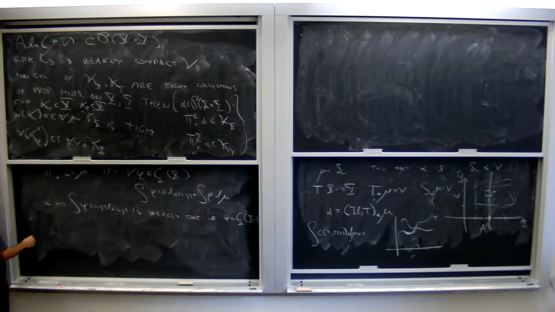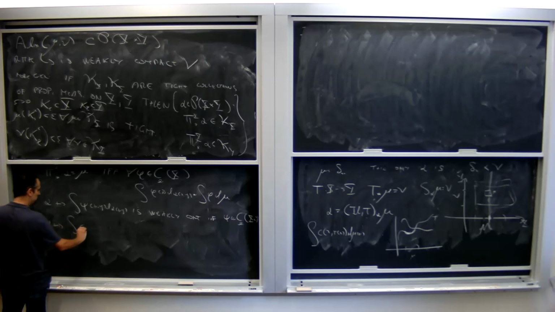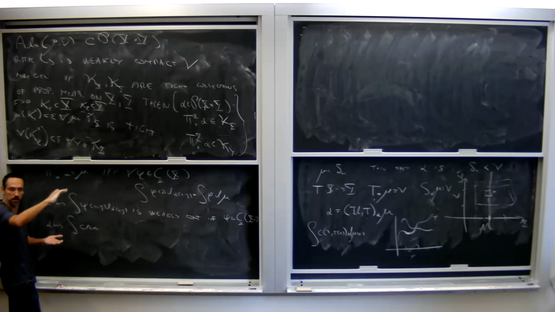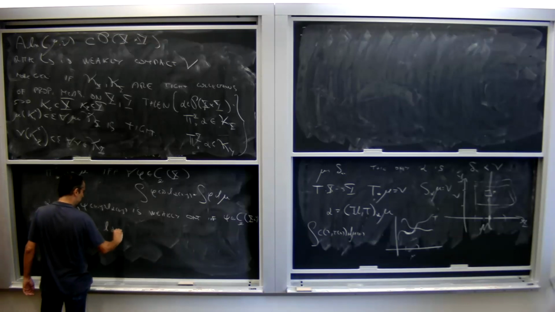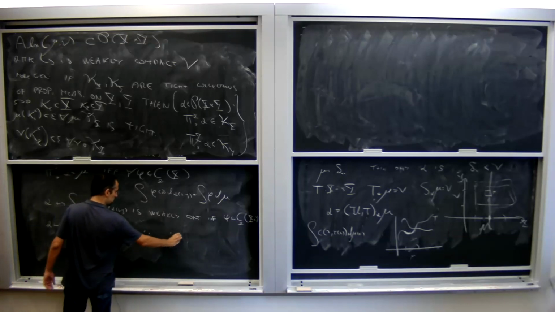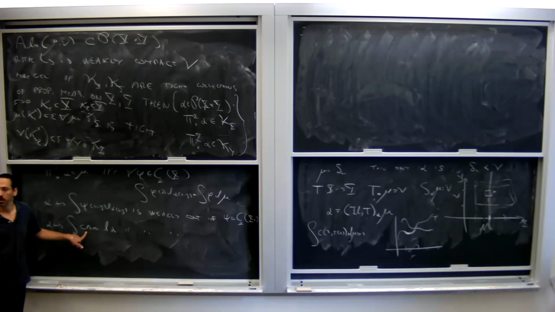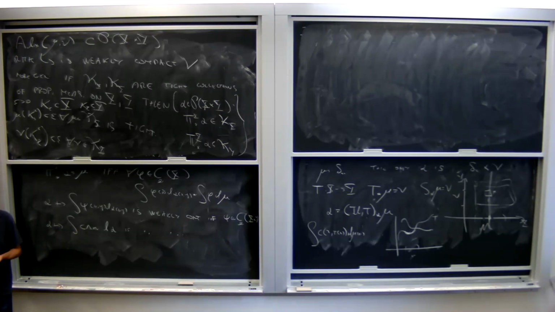However, what I know is that the map that takes alpha and returns the integral of the cost truncated at level n is weakly continuous. Because the cost function is continuous and bounded from below by zero, I'm cutting from above, so now this is right.